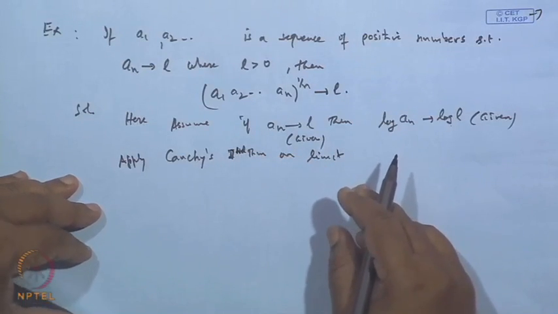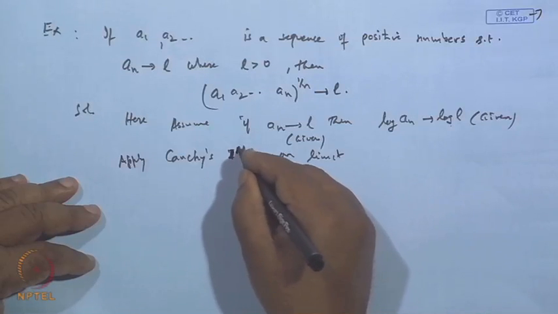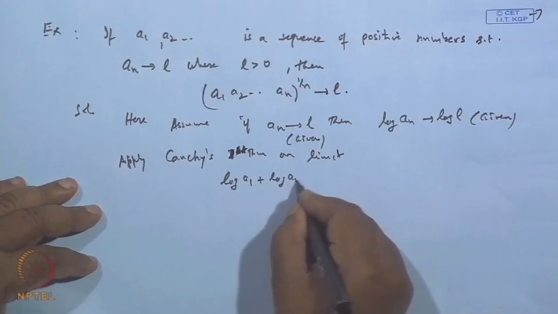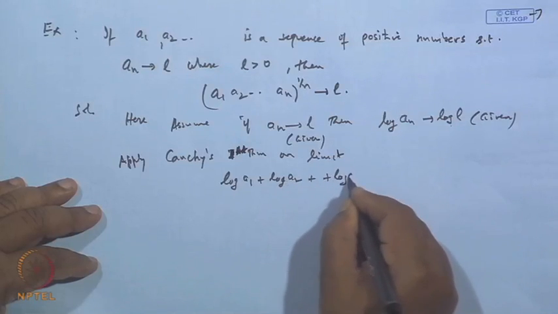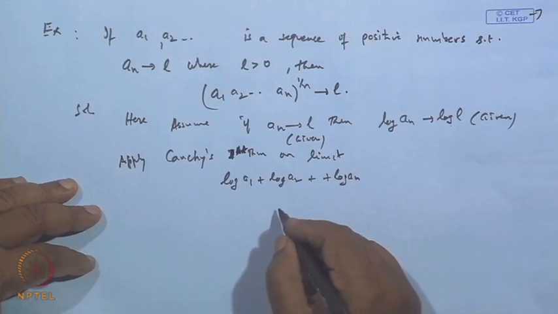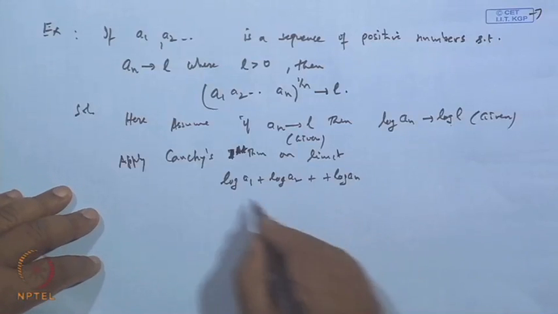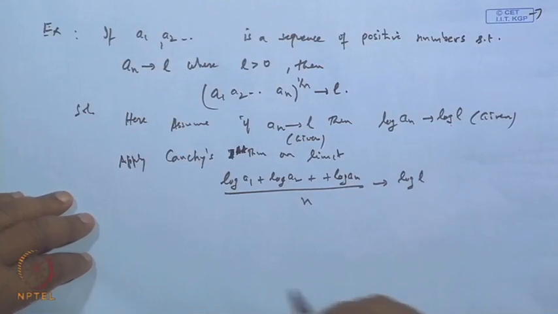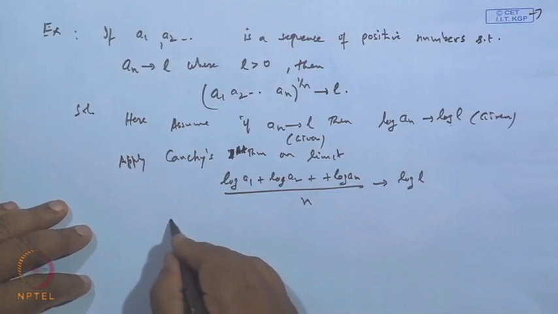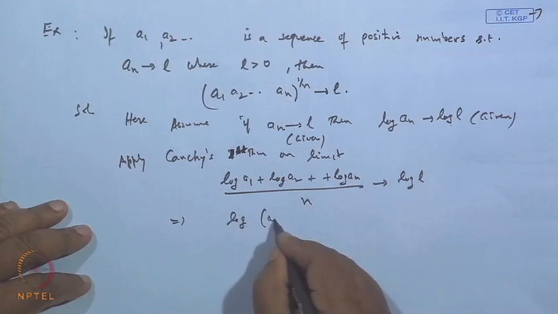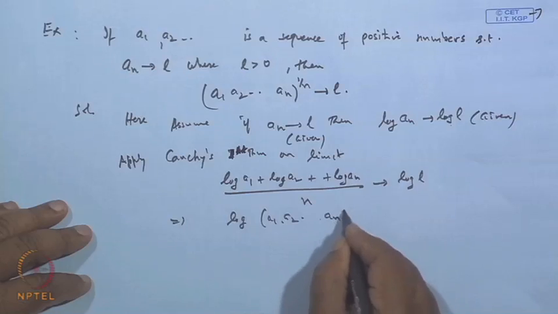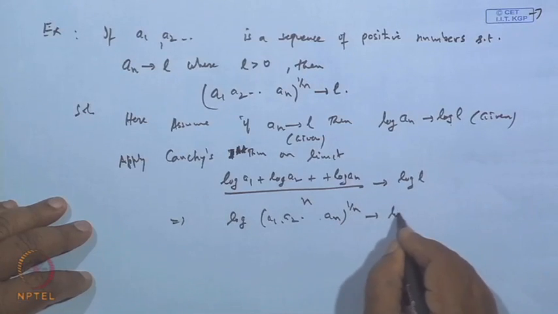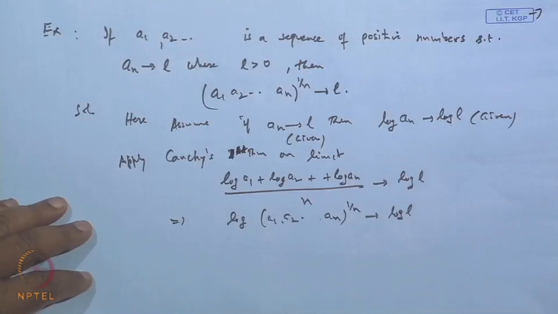So, applying the mean of the first theorem, log of a1 plus log of a2 plus log of an, divided by n, will also go to log L by that theorem. But this sum is nothing but the log of a1 a2 an, to the power 1 by n, which will go to log L by the property of log.